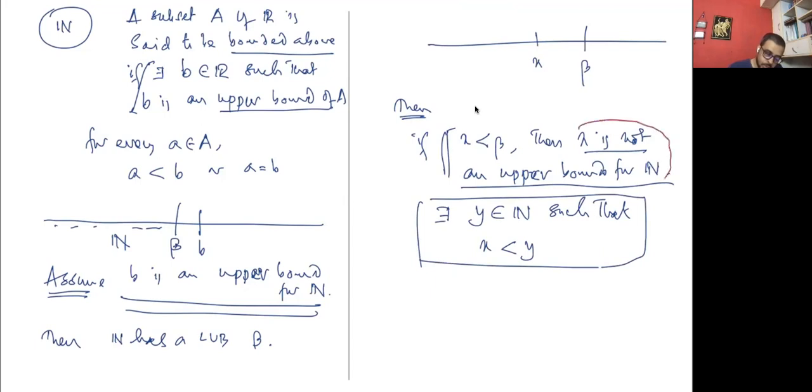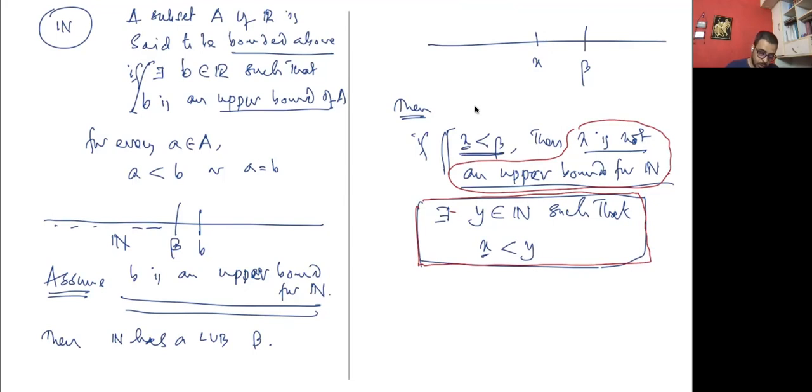So this part is the same as this part. For this least upper bound, whenever you take something less than beta, there would exist an element in the set which is bigger than that element.